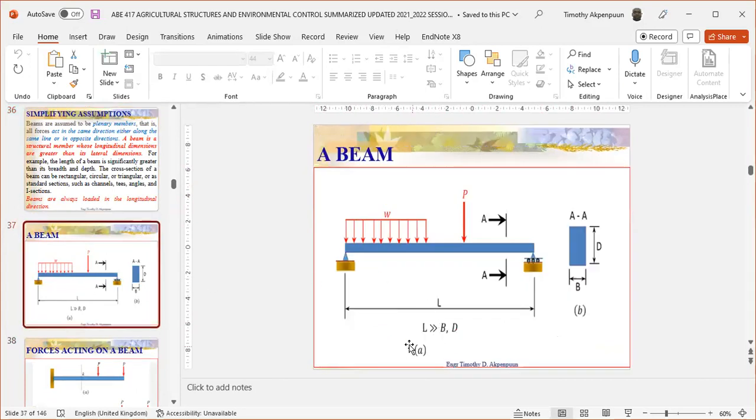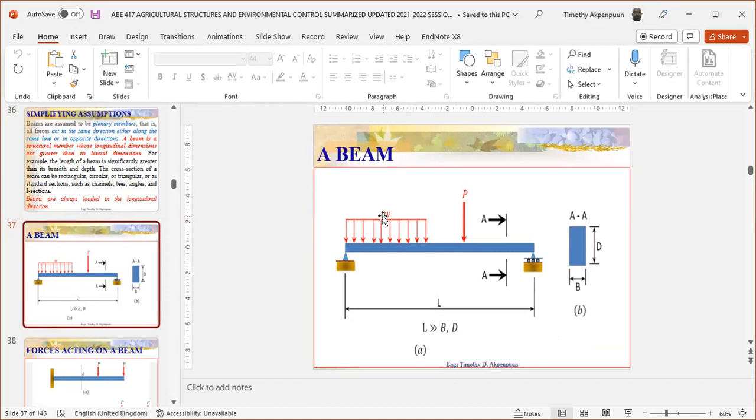Look at this. P is the applied load on this beam. P and W. W is distributed load. Examples of distributed load are the second floor decking of a building.